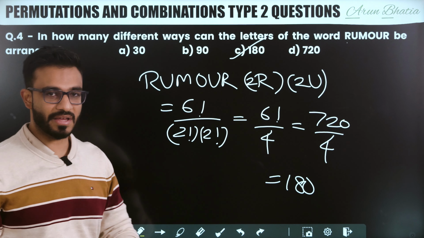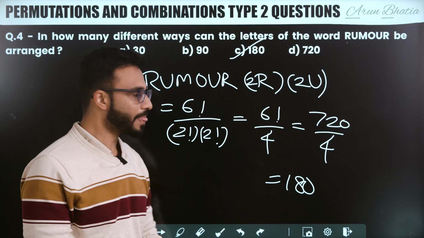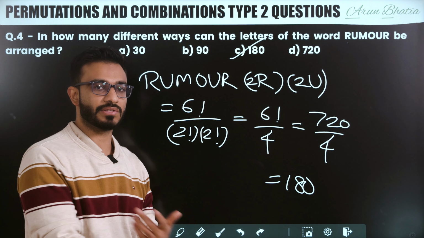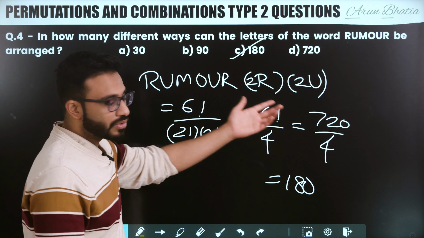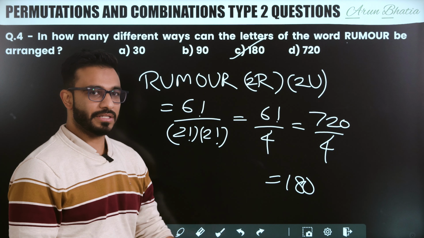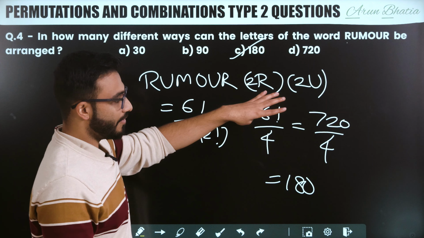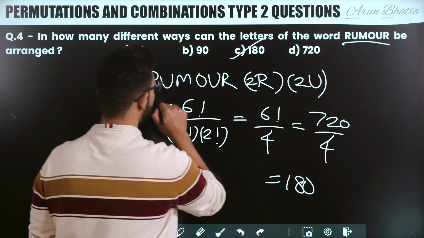So again, once you get the hang of it, you don't have to think about these letters in isolation or differently. You can just use the formula, because now you can think about it intuitively and you can just automatically solve the questions like an algorithm. So just to explain this again, R is repeating 2 times, so 2 duplicates for R and 2 duplicates for U. And once you divide that, meaning we have 4 duplicates for each of the possible arrangements of this word rumor.